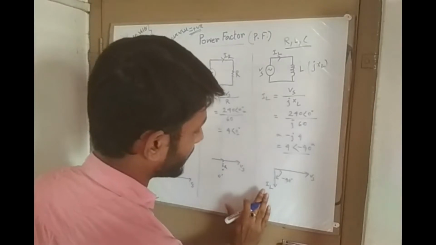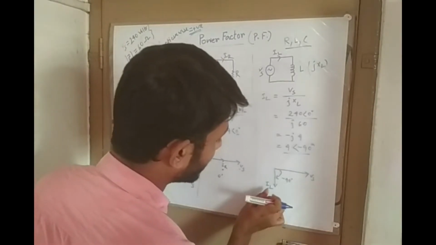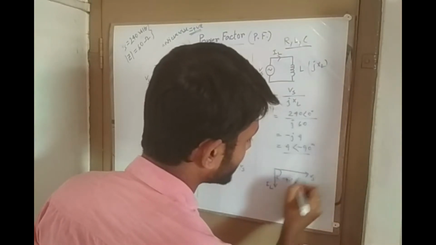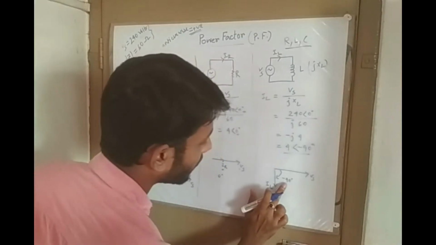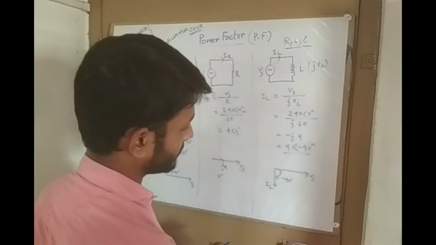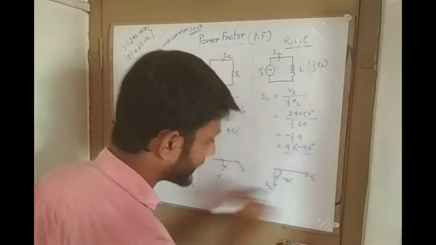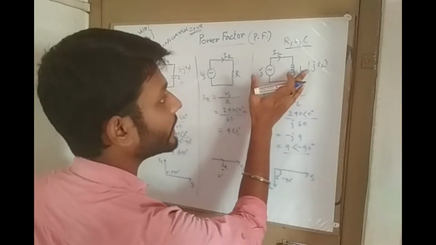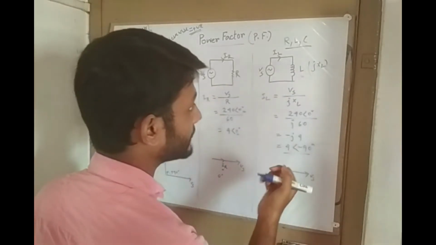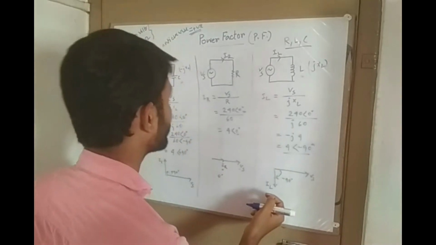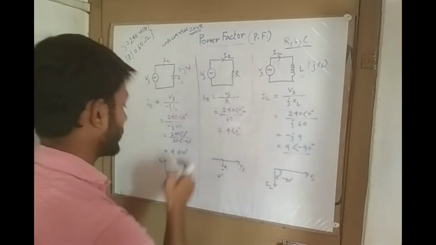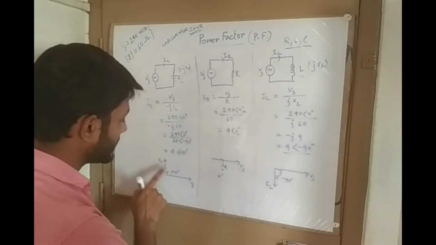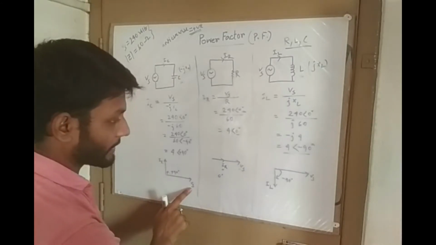So we can say this inductive current IL is lagging behind the supply voltage Vs by an angle of 90 degree. So it is a lagging angle. From here we can say for inductive load the power factor will be lagging, and for capacitive load the power factor will be leading, because here the current is leading the supply voltage Vs.